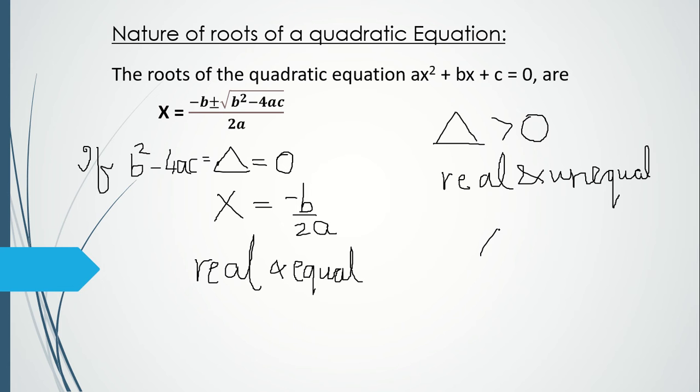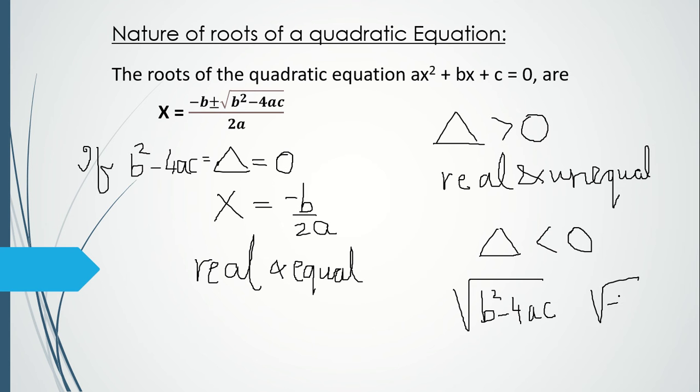And if delta is less than 0, what will happen? If delta is less than 0, it means the value under the root, b square minus 4ac, is negative. So under the root we have a negative number, which means this is not a real number. Why? Because the square of any real number is never negative.